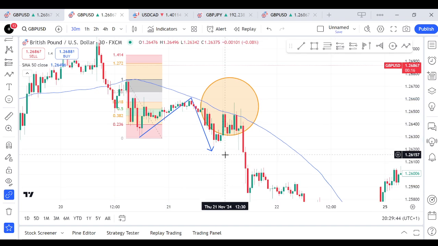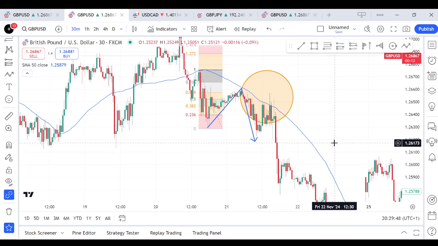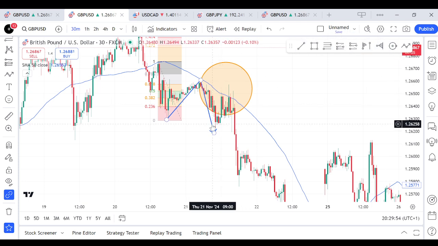So this is a confluence using two or more technical factors to know if a trend or a support or resistance level is likely to hold. This is advanced support and resistance trading.